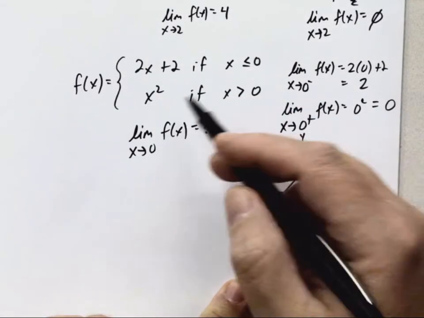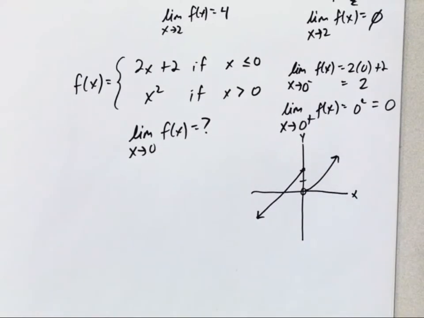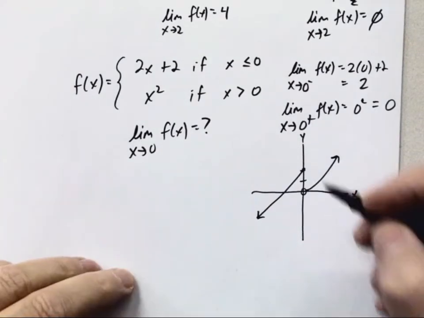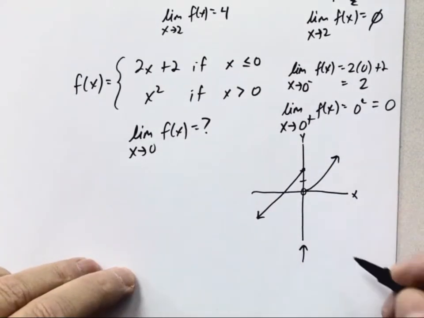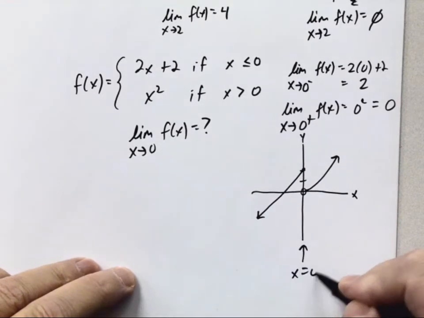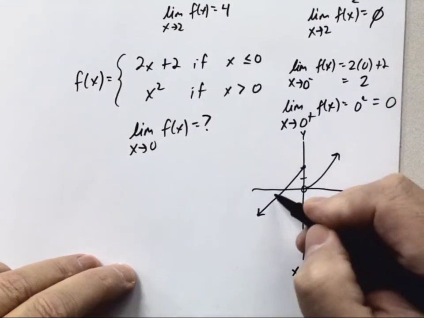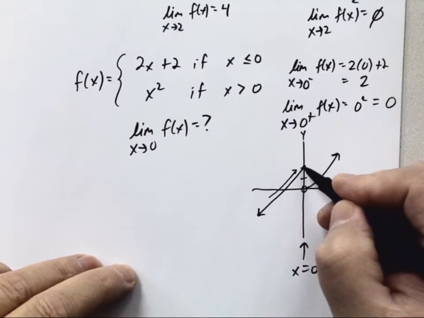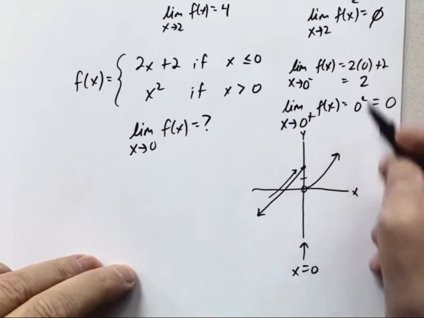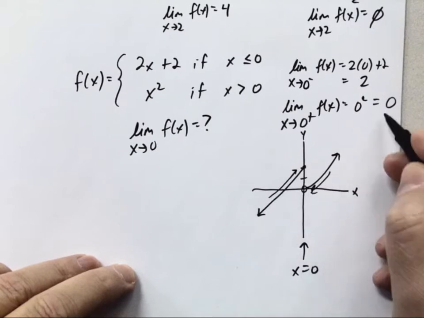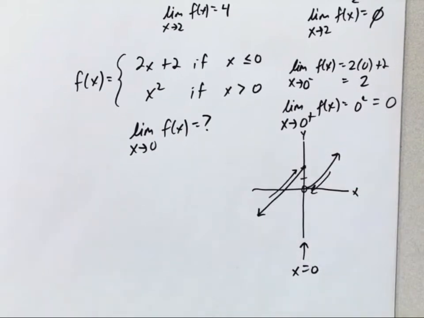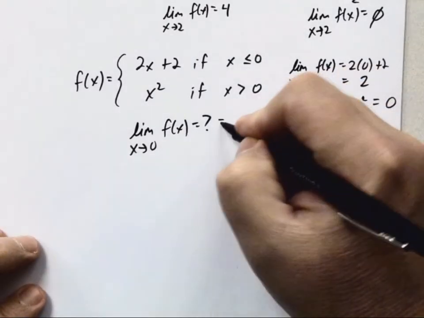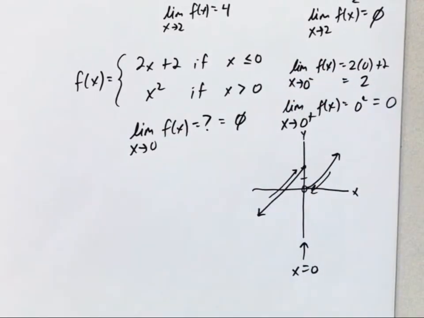Here's the graph of my function when x is greater than 0. And I'm looking for the limit when x is 0. Here, when I approach from the low side, it's 2. When I approach from the high side, it's 0. And once again, if they don't approach the same point, then there is no limit. So for this one, you say the limit's undefined.